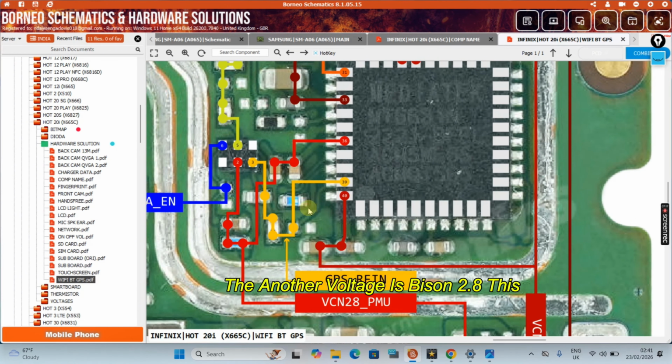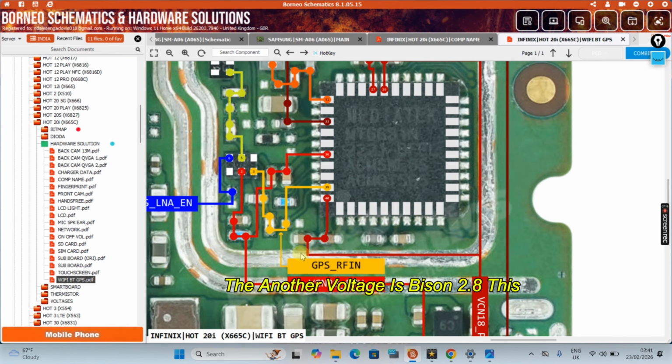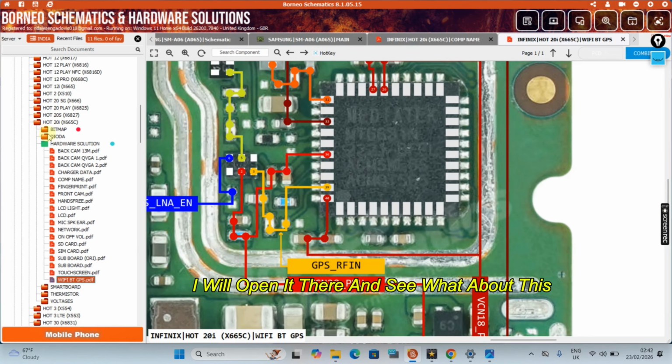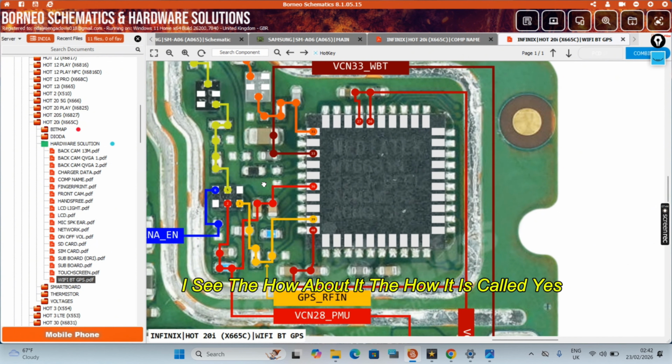Then another voltage is VCN 2.8. This voltage comes to supply voltage to this IC. We can know it when you open here. I will open it there and see how this IC is called.